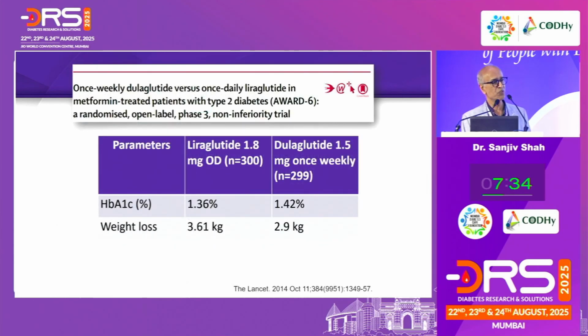If you look at the new generation weekly, the first weekly agent, dulaglutide, is a very close match, 1.4% between highest-dose liraglutide and dulaglutide, and a 3 to 3.5 kg weight loss. This kind of weight loss, we will have to take at a normal weight, so-called lean BMI diabetics.